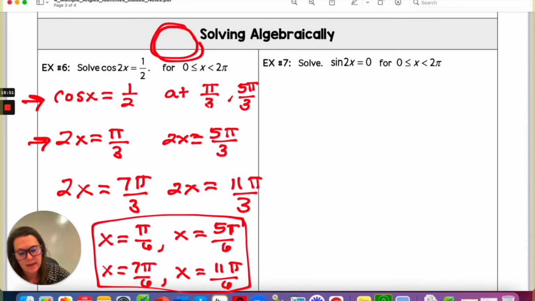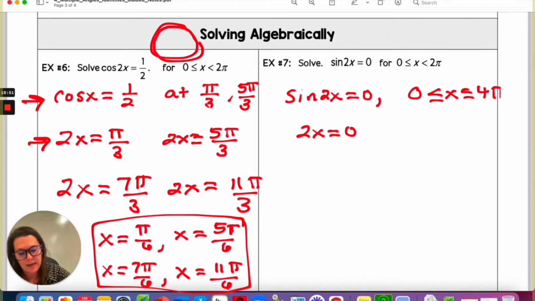For example 7, we have sine of 2x is equal to 0. Since we're doubling it, we're going to be looking between 2 rotations now. So 2x is going to be equal to 0. Where else are we at?